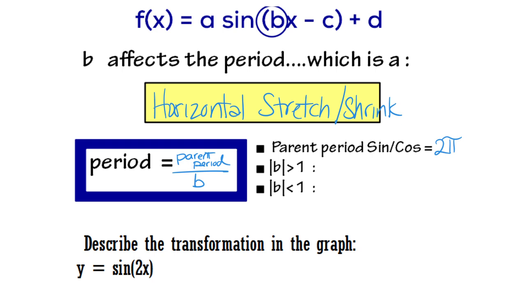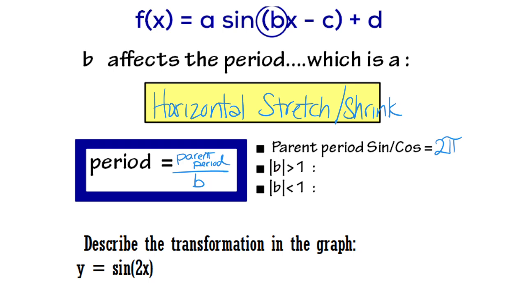All right, so if you think about this, b is inside the parentheses, and anytime you're inside there, you always do the opposite. So when you see, let's say the b value was a 4, that would feel like it should be a stretch, but it's not, because you actually end up dividing by the 4, which is going to make your period smaller.